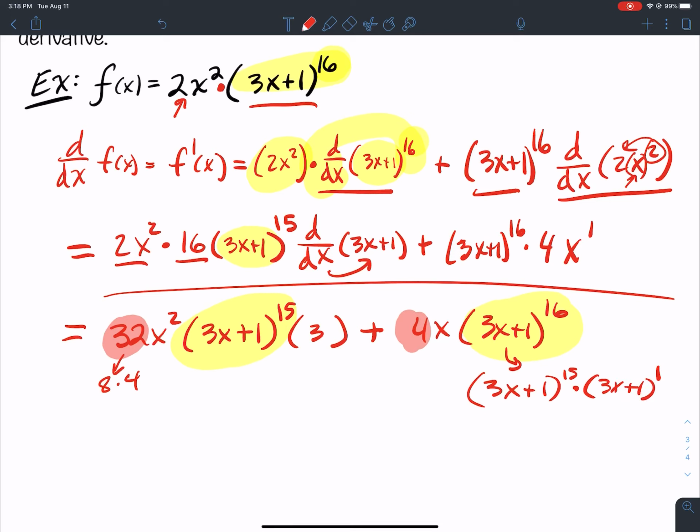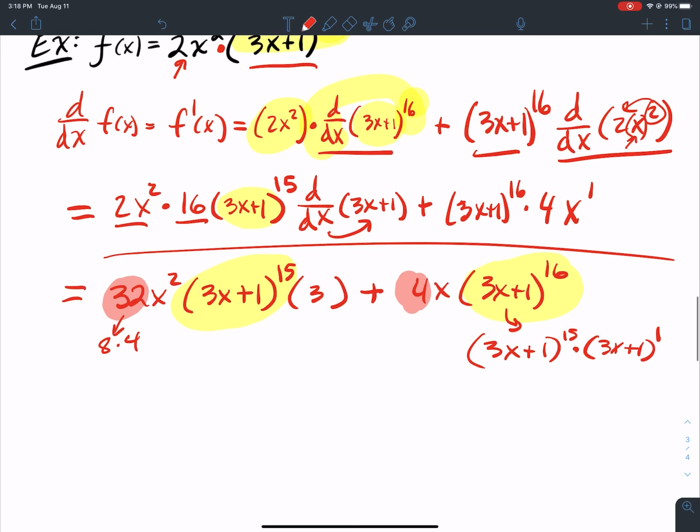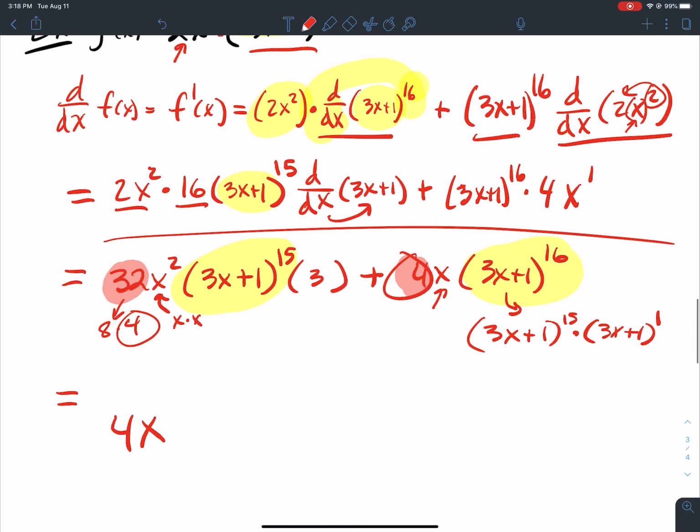Okay? So what can I factor out? I can factor out a 4 because there's a 4 in both of those. I can factor out an x because x squared is x times x, and I have an x here. Okay? And I can factor out 15 of these factors here. So 15 of those factors there. I'm going to factor those out.